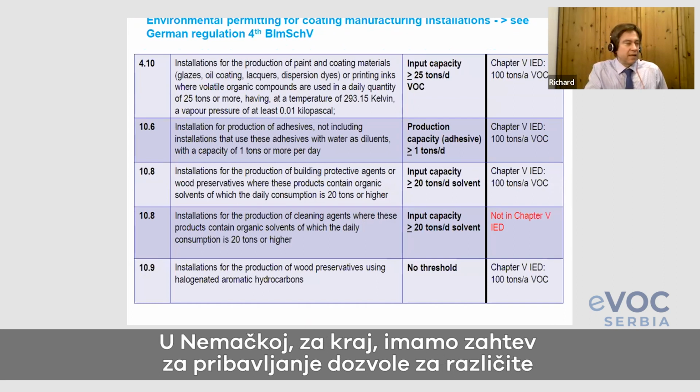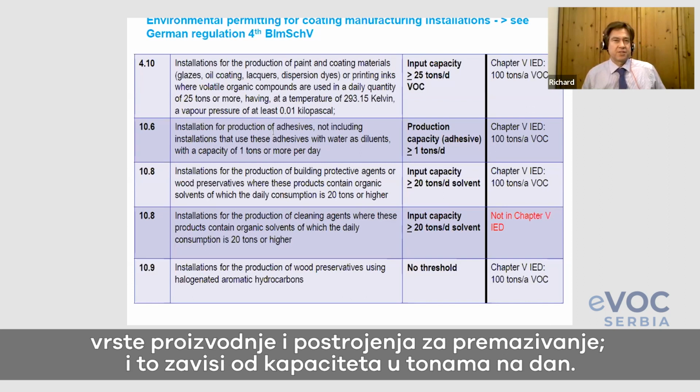In Germany, I just want to end here. We have a requirement for permitting of the different types of production of coating installations. It depends, for example, on the tons per day.